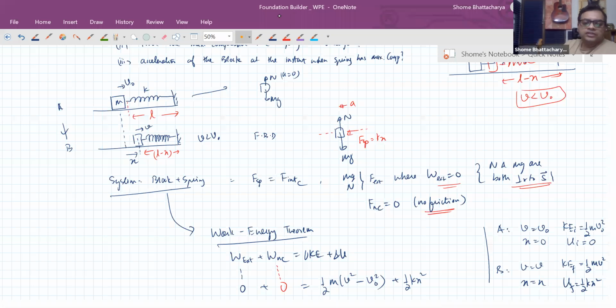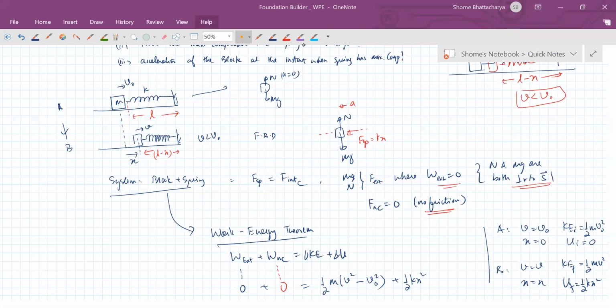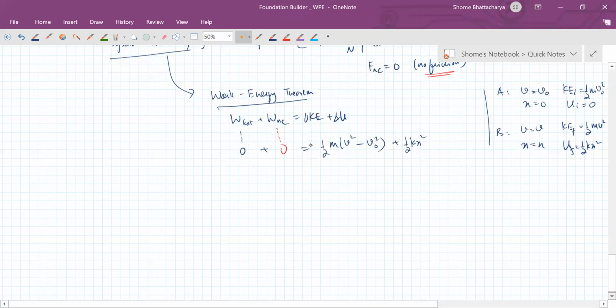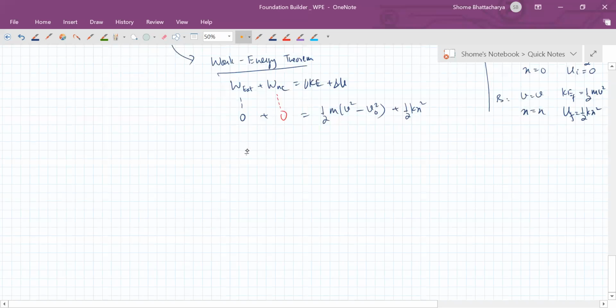Okay, so hope you are clear up to this step, the statement of the work energy theorem. Now, all we have to do is write v as a function of x from this. Rearranging the terms, the final kinetic energy is the initial kinetic energy minus half k x square.